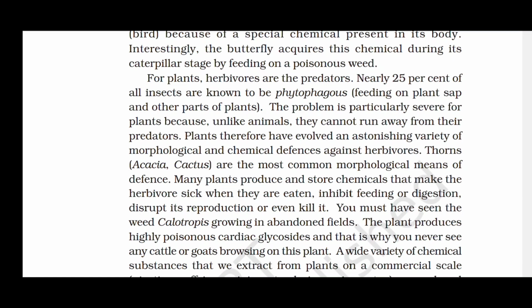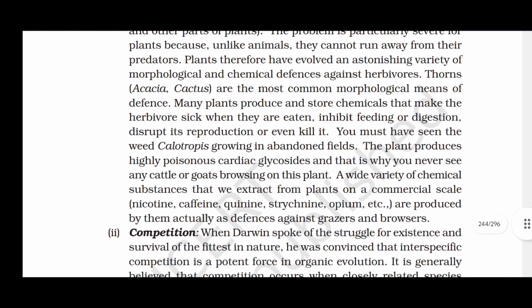A wide variety of chemical substances that we extract from plants on a commercial scale, nicotine, caffeine, quinine, strychnine, opium, etc., are produced by them actually as defenses against grazers and browsers.